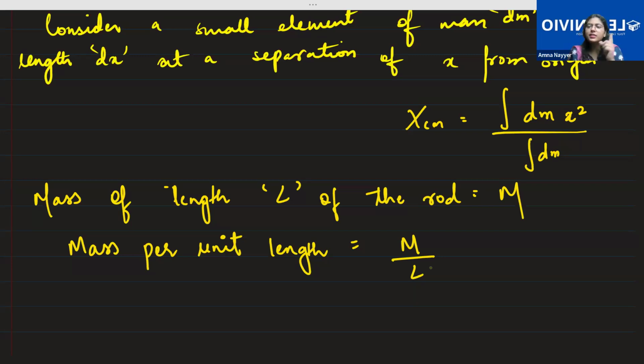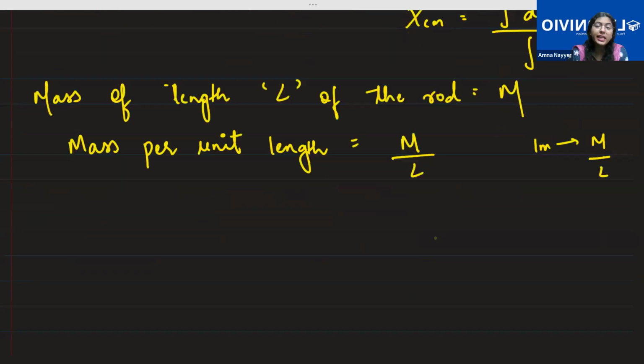Now, if I know the cost of a single pen, I'll be able to calculate the total price for 1,000 pens also. So if I know mass per unit length, I know that in 1 meter, M by L mass is present. Which length do I have to find out?